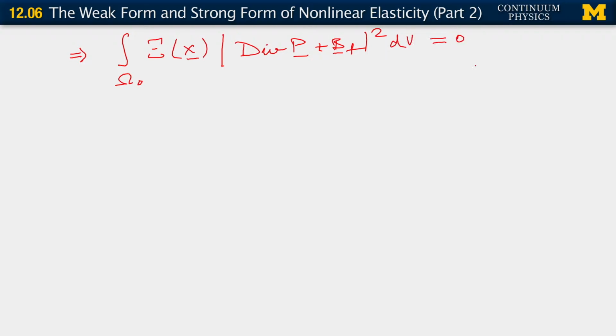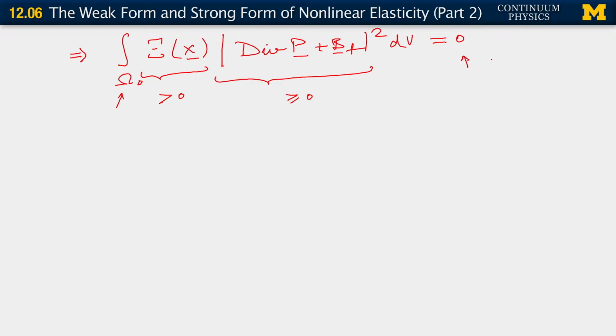Now, since this is a Euclidean norm of a vector, it is greater than or equal to 0. By construction, however, we've chosen chi x to be greater than 0 on omega naught, on the inside of omega naught. It vanishes on the traction boundary, but on the inside of omega naught, it is greater than 0. However, the right-hand side says that this is equal to 0.